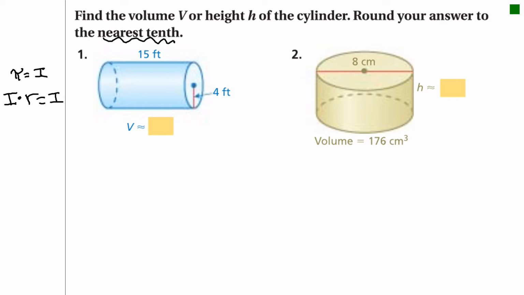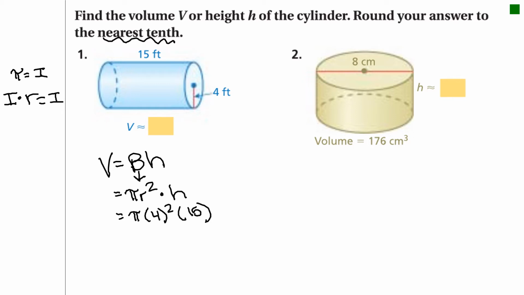Number one, the volume is equal to the area of the base times the height. Area of the base is pi r squared. So the volume of this cylinder is pi r squared times the height. All we got to do now is fill in the information we know and solve for the volume. So pi times 4 is the radius squared times 15 is the height.